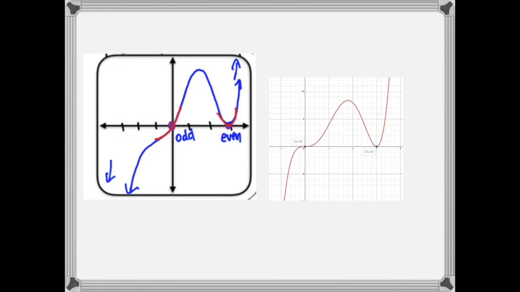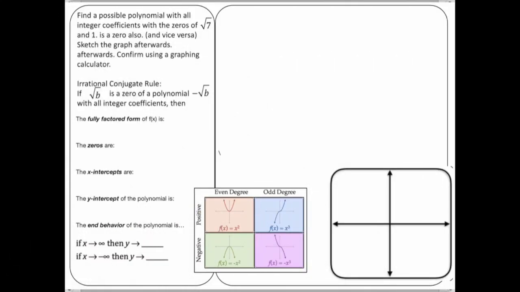So let's see how we did. Okay, it looks like we did a pretty good job here. Notice that the intercepts are going to be the same, and also we got the multiplicities in full effect there along with the end behavior. So pretty good. Okay, so before we start this one off right here, we do need to change something that I caught at the last minute here.